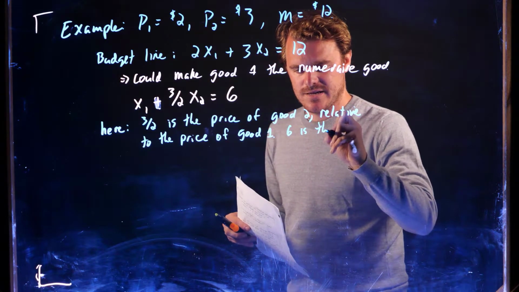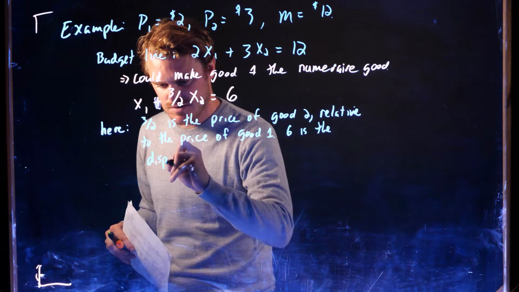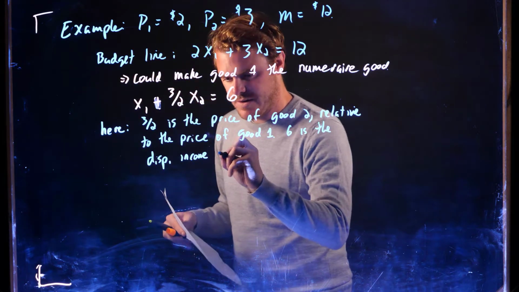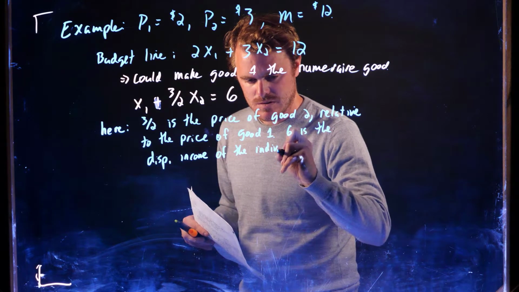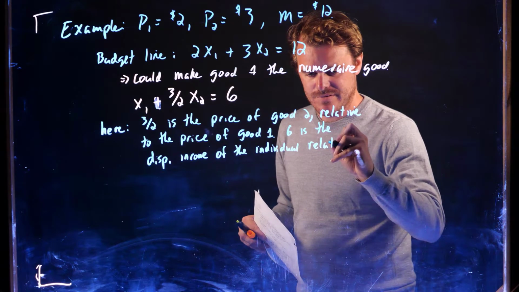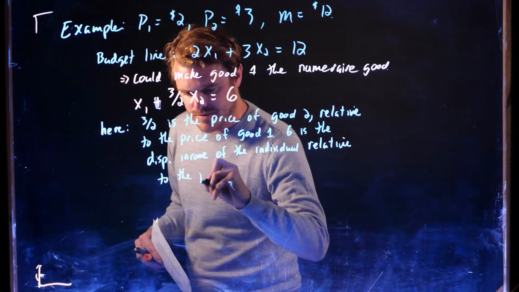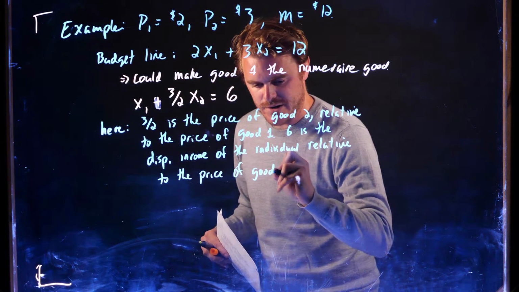Six is the consumer's disposable income relative to the price of good, or commodity, 1.